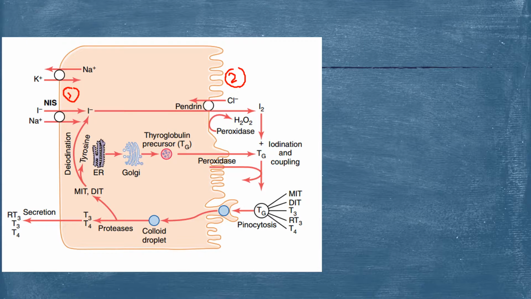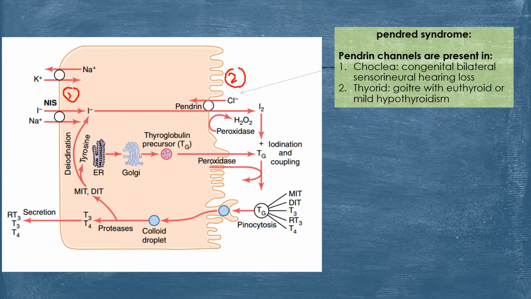And the pendrin transporter, when we talk about it, there is a congenital mutation. When there is a congenital mutation in the pendrin transporter, we call this Pendred syndrome. In Pendred syndrome, there are two important manifestations, which are hearing loss and goiter, which will result in mild hypothyroidism.